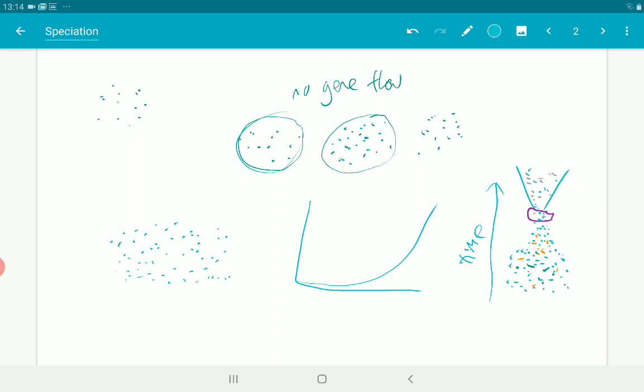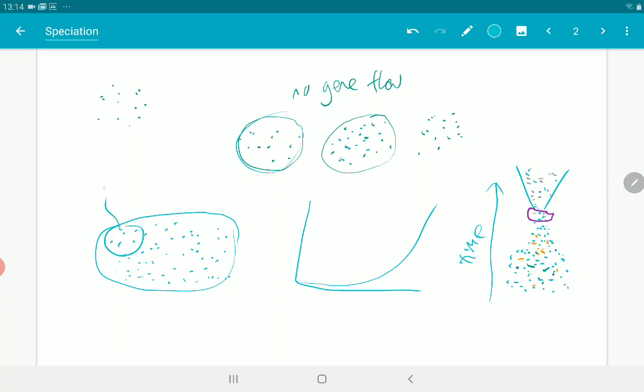You also get a similar sort of thing happening where you might have had one initial population and then a small number of them get separated off. If that population then goes and lives somewhere else, and then over time that population grows in number, well, then everyone in that population is going to be descended from that initial, what we call founder population.